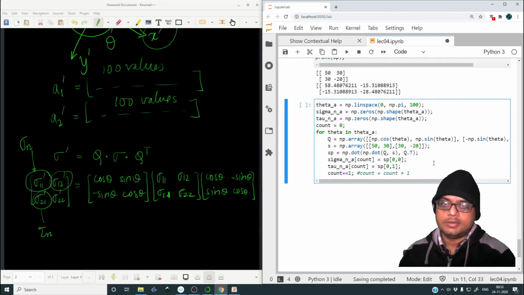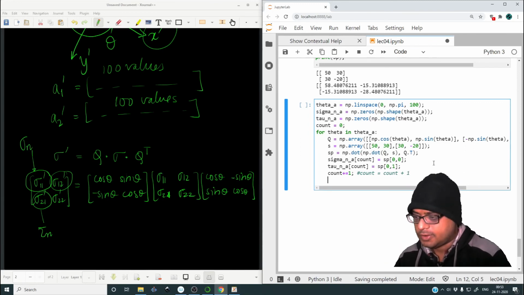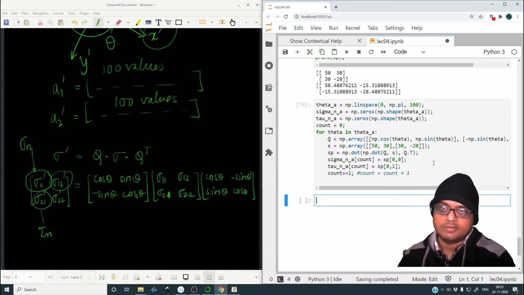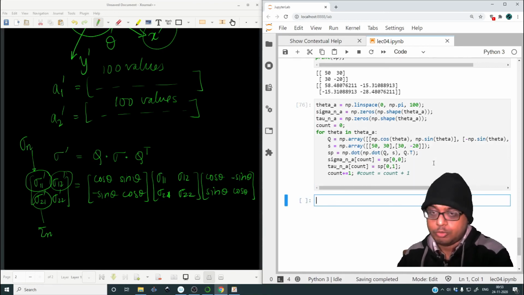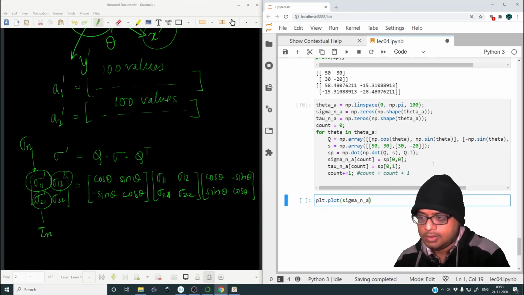Okay, so this is an equivalent way of writing it. So let us execute this and see whether there's no error. So great, we can now plot sigma n a as a function of tau n a.